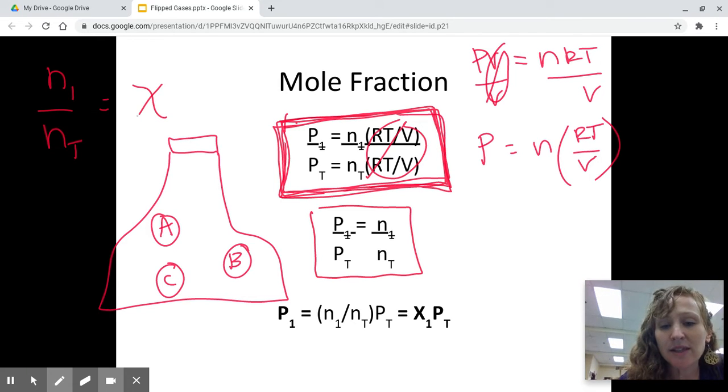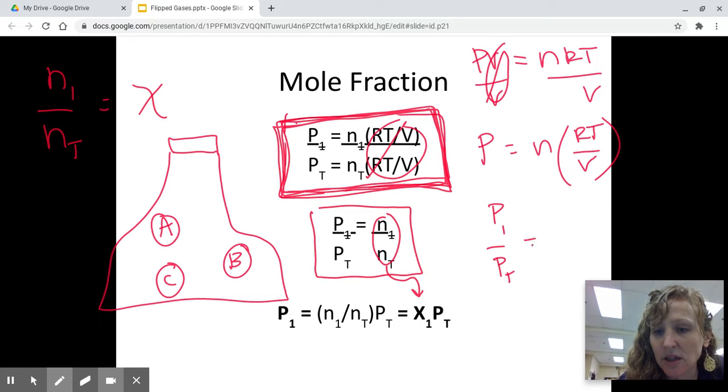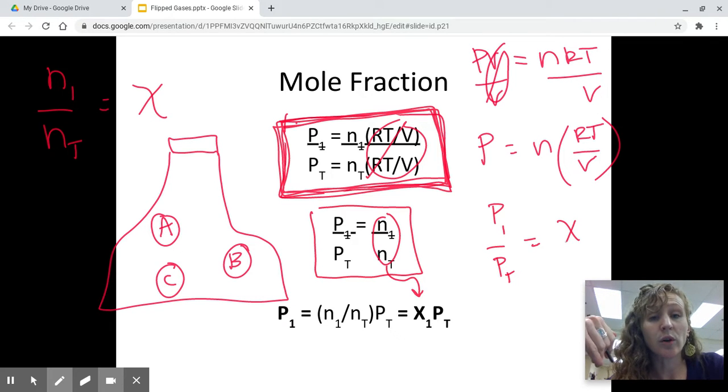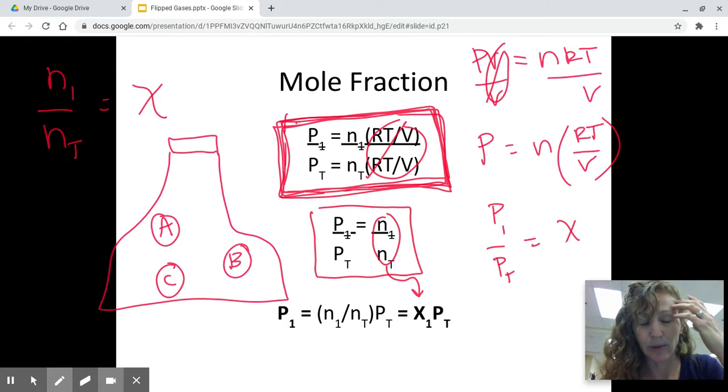And so notice that this term turns into mole fraction. And then we have P1 over PT equals our mole fraction. So a partial pressure over the total pressure is the same ratio as moles of one part over moles total. That's a good realization to have and kind of stick in your back pocket.